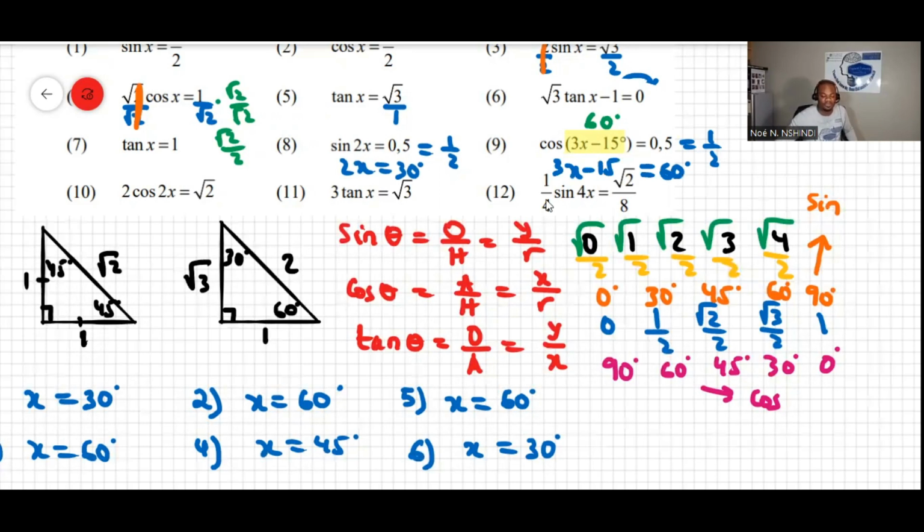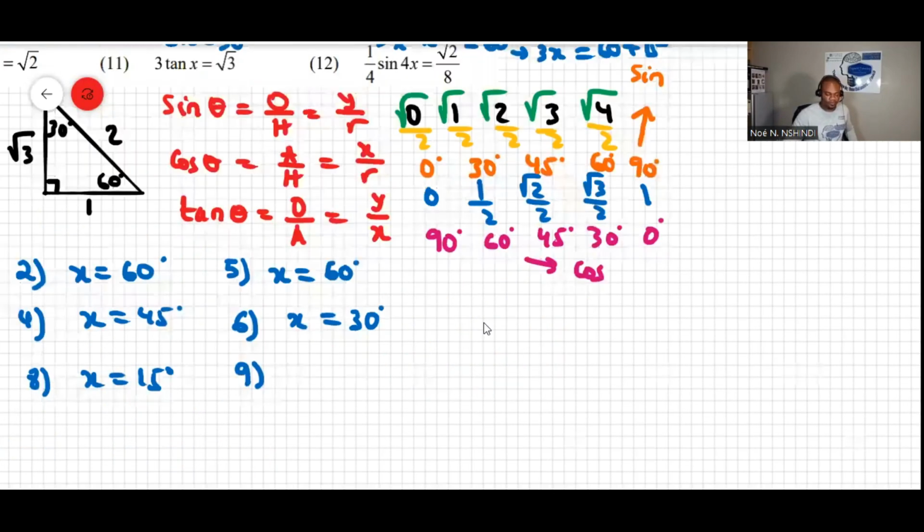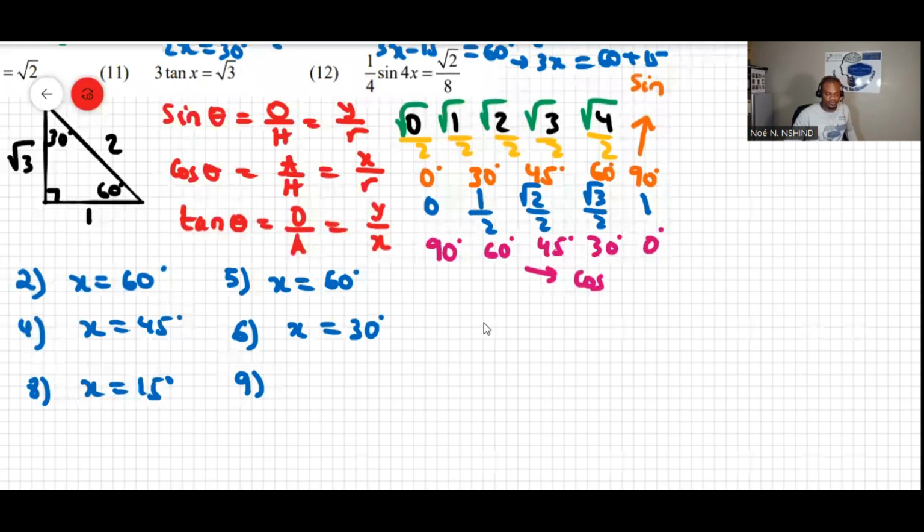So I'll move the negative 15 over, that will become 3x equals 60 plus 15. We have 3x equal to 75. Now to get the value of x, we divide by 3, and then x will be equal to 25. So question 9, the value of x will be equal to 25 degrees.